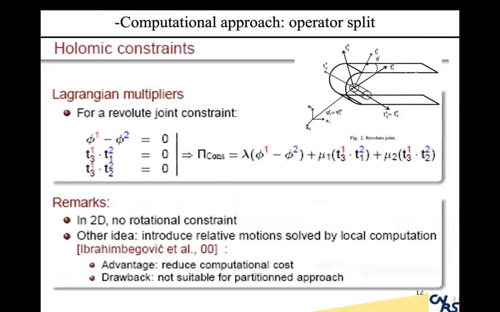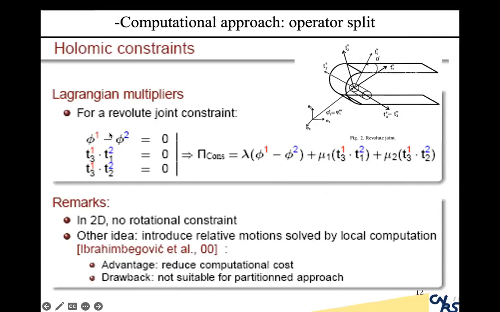Now, what really characterizes multi-body systems as opposed to just beams and solids is the joints. Most often I use holonomic joints, the holonomic constraints. Here's an illustration of a so-called revolute joint, where these two components are joined in a way which forces the two connected ends to move in the same way.